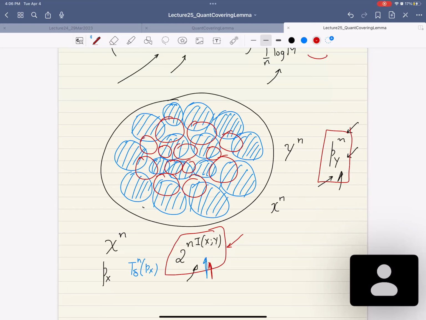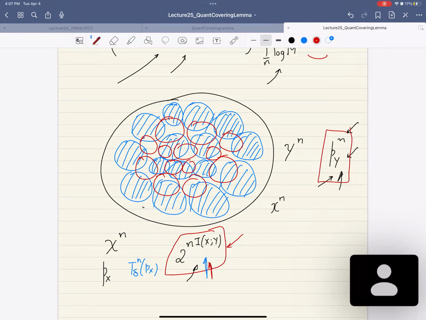Okay. So now when you start to subsample, you will see these blobs slowly starting to get far apart. And the moment you get to 2 power n I of xy, you will see them actually distinct. That's what's happening.